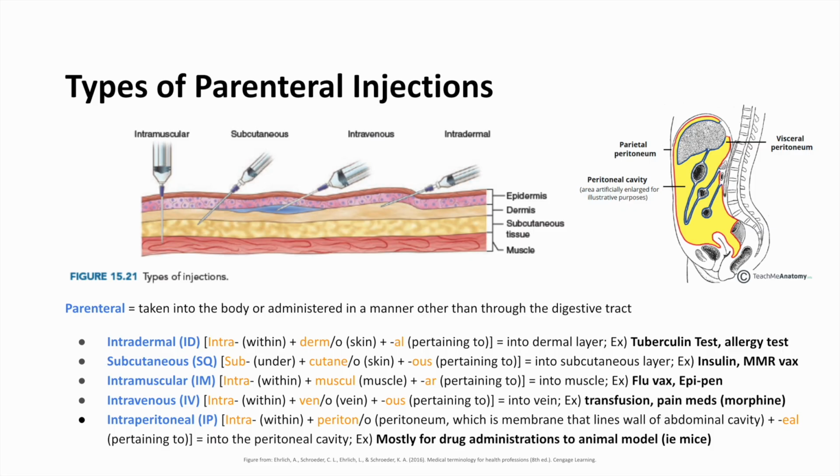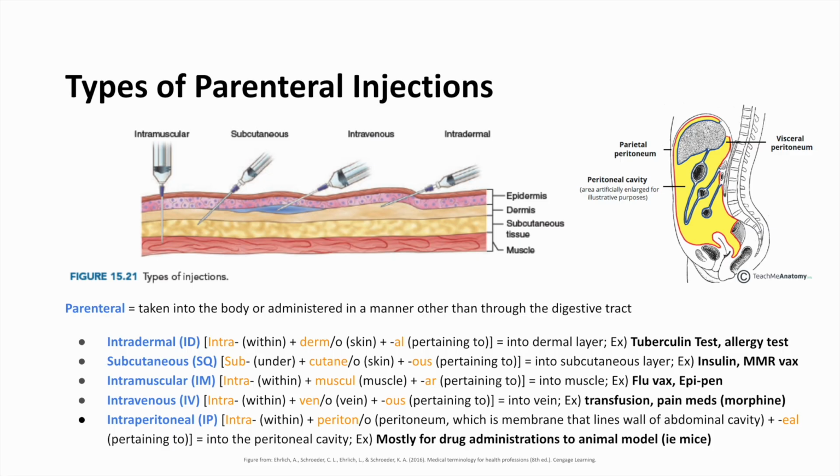It's when something is taken into the body or administered in a manner other than through the digestive tract. So anything in the digestive tract, if it's not delivered to your digestive tract, so I assume it's oral, then it is parenteral. My bad. My bad.